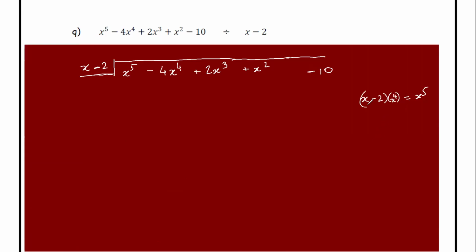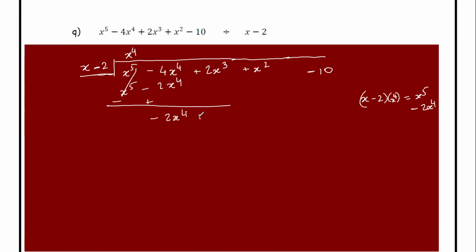So x raised to 5 minus 2x to the power 4. Change the sign. Minus becomes plus and plus becomes minus. This cancels. And you got negative 2x to the power 4.